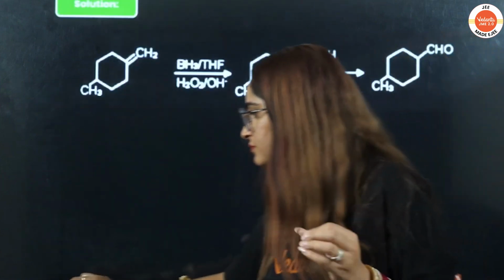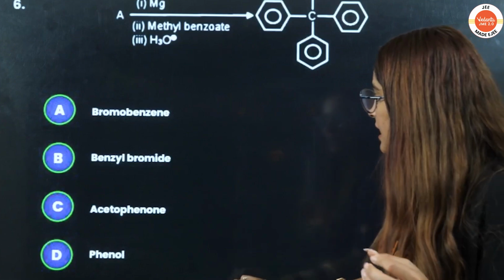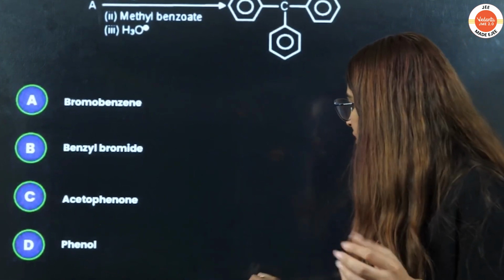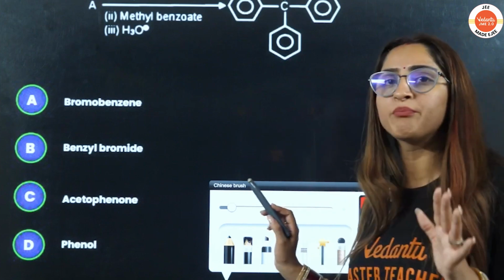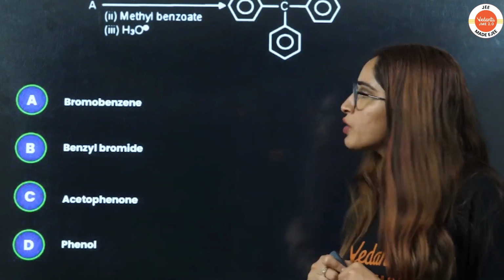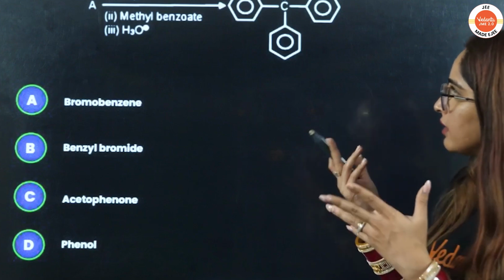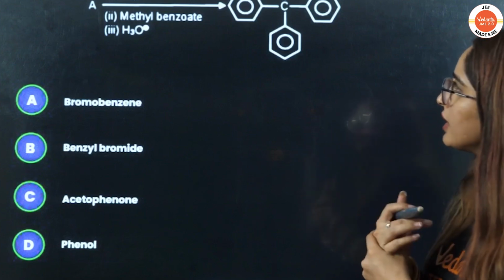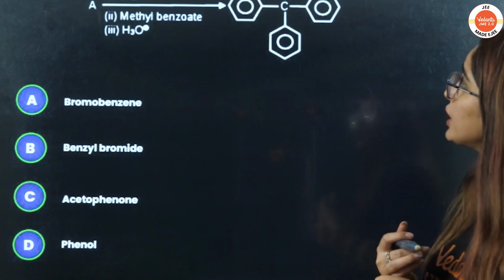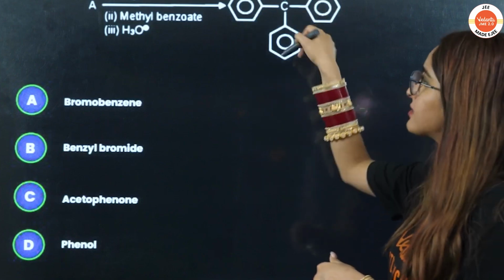Okay. Next question, let us see. Here, beta, from organic chemistry, these kinds of questions are extremely important. Grignard reagent questions are extremely important. So here it is saying there is some A which reacts with Mg, then it reacts with methyl benzoate, then you hydrolyze it, then you get this thing.